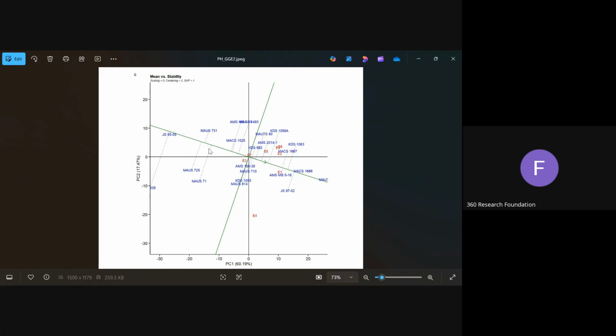Now see, you can see the axis. This axis is called the average environment axis, whatever the green lines are here. These lines are called the average environment axis, AEA. What is the purpose of this? It will rank whatever genotypes are there on the basis of their mean performance across the locations.